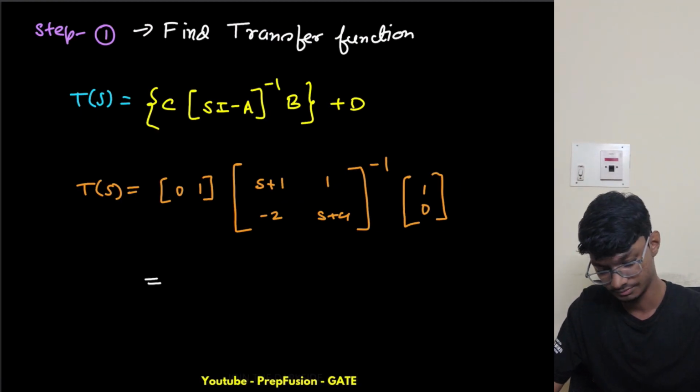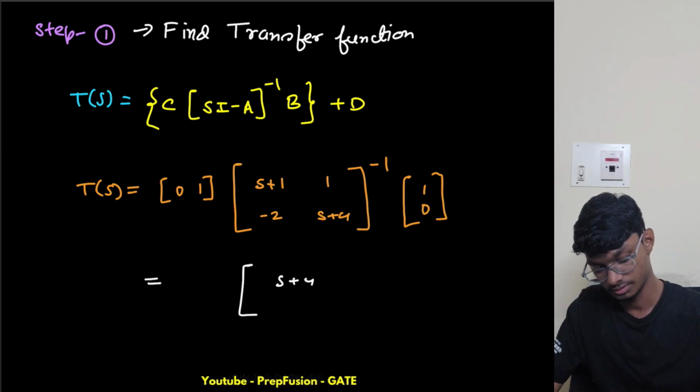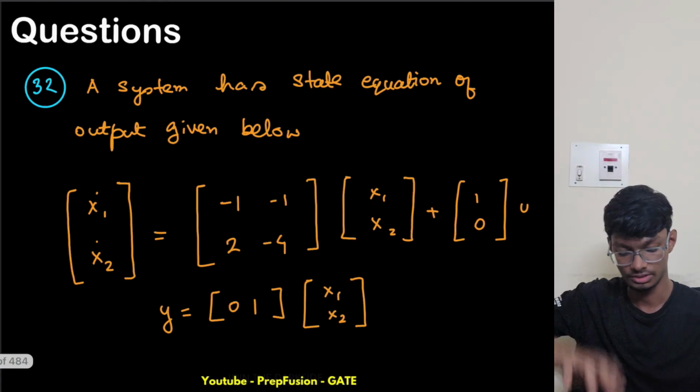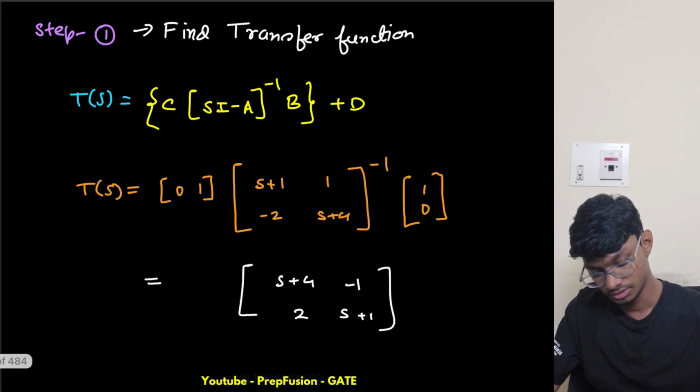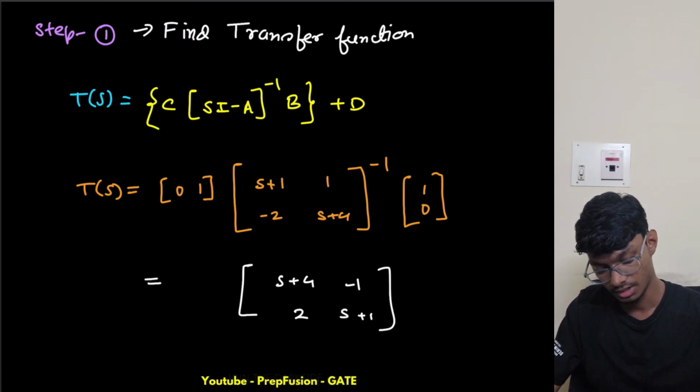So if I do the inverse here, the main diagonal elements swap, and we just change the sign of the off-diagonal elements. So this becomes plus 2, and we are dividing with the determinant.